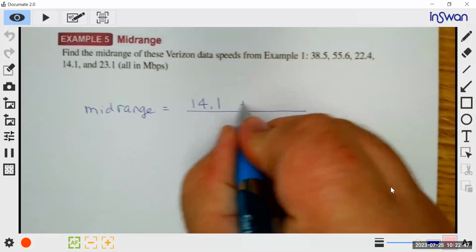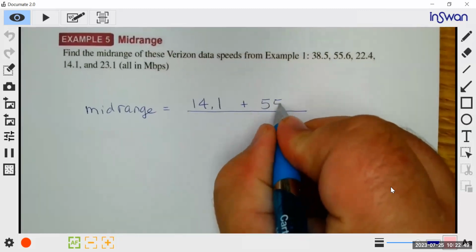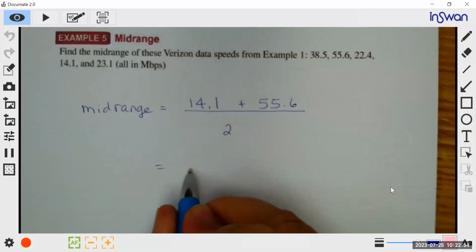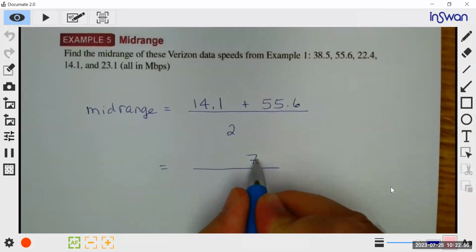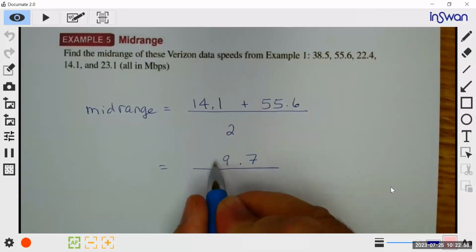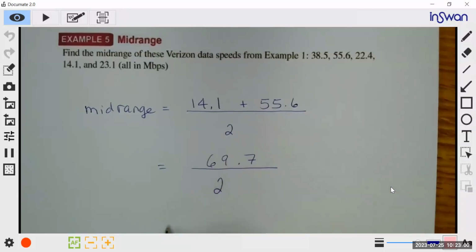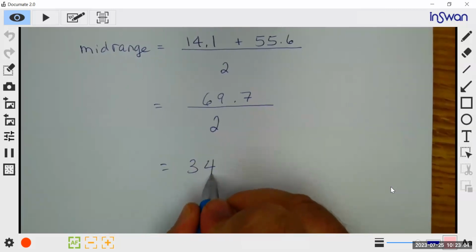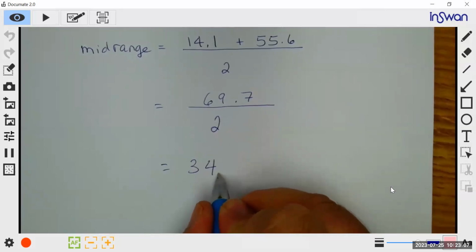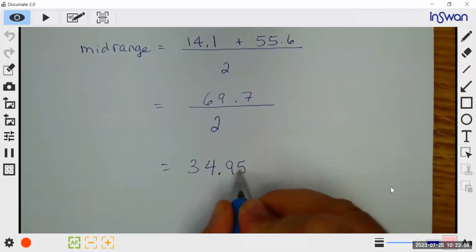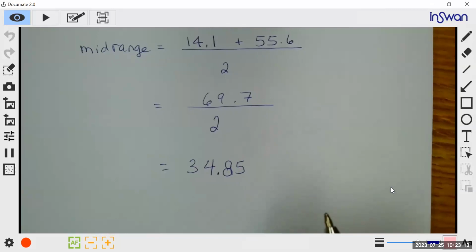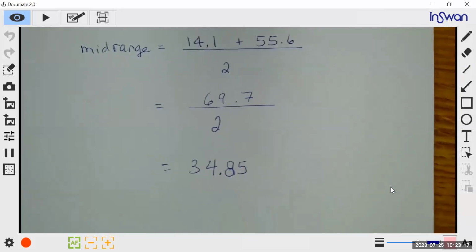Use the smallest and the largest and divide by 2. $34.85.